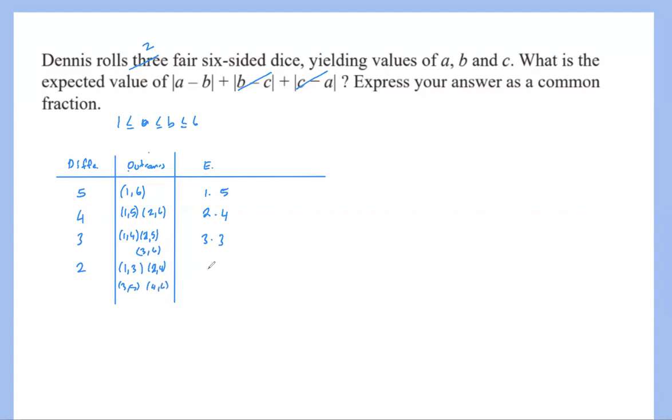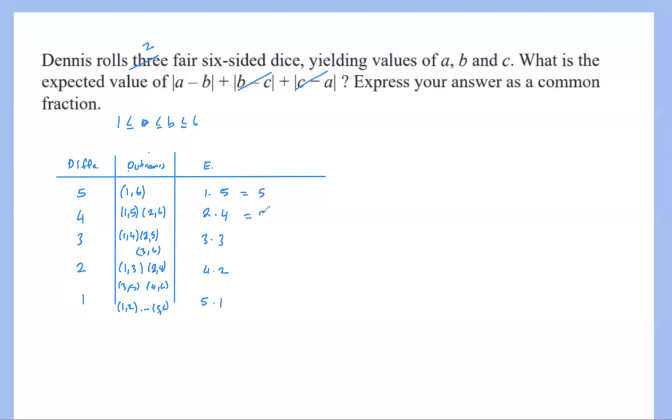You don't have to list as long as you know what you are doing, so you can just count those, which is 4 of these. So that will be just 4 times 2. And the last one is 1. You can see that will be 1, 2, all the way to 5, 6, which is 5 of them. So 5 times 1.